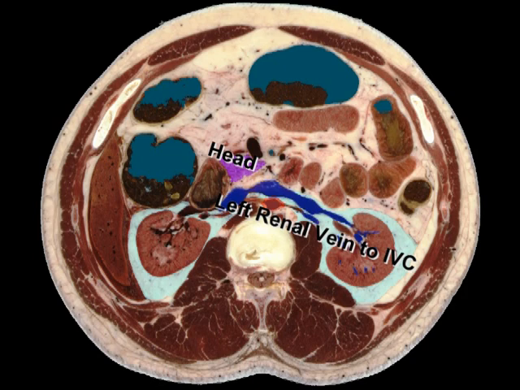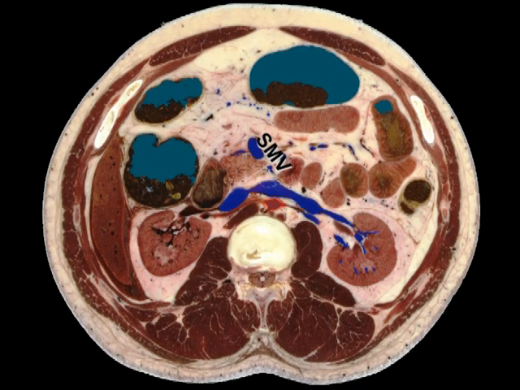Here, the retroperitoneal fat is seen, along with the two kidneys and the retroperitoneum. The head of the pancreas is seen in purple. The left renal vein is seen clearly crossing over the aorta, which is in red. The superior mesenteric vein touches the head of the pancreas in this image.